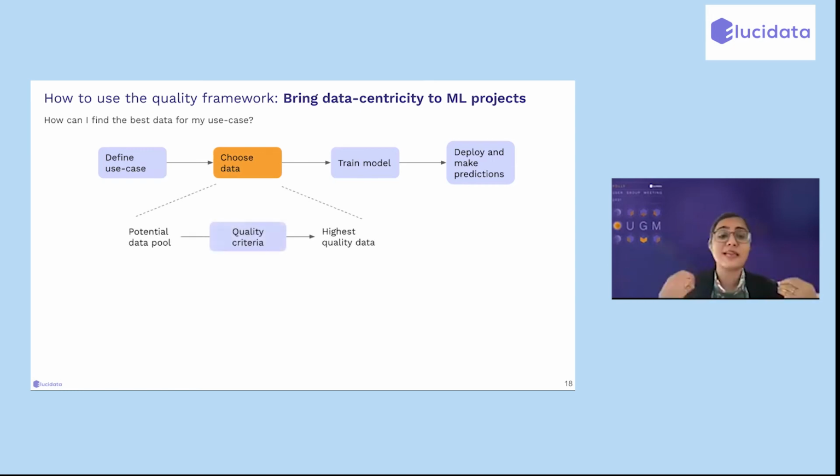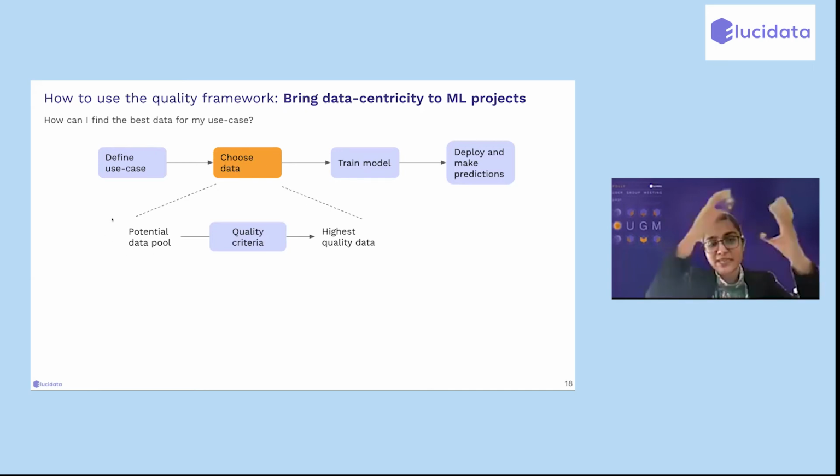What that looks like in practice, and how you should implement this, is that before you do anything else, at the very beginning of the project, we should really be talking about what quality criteria I'm going to set to choose the highest quality data possible for our model. Again, this doesn't happen as often as it should.